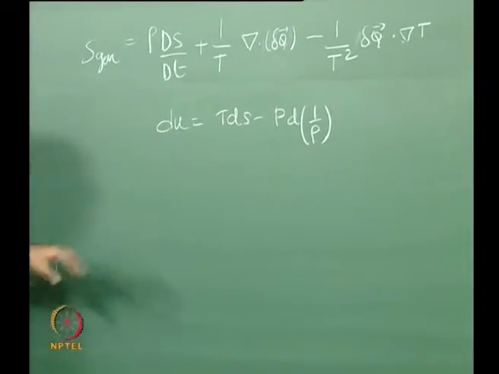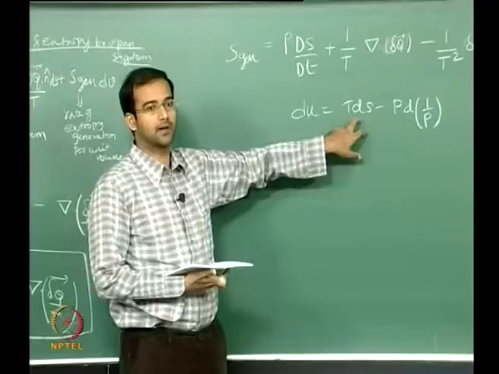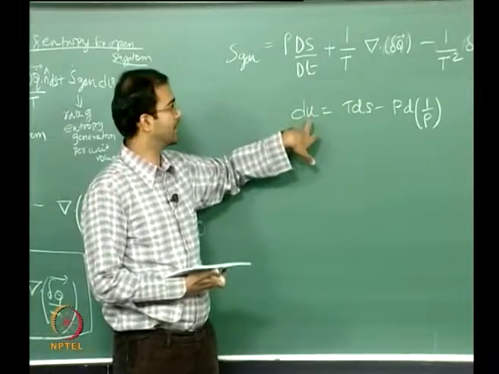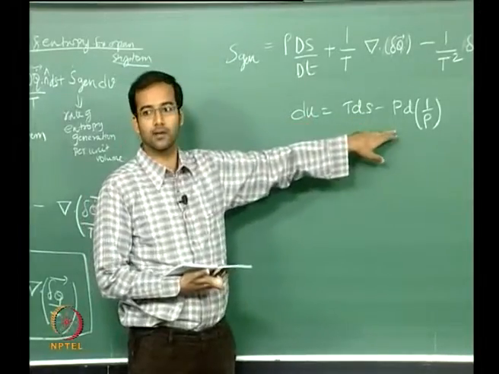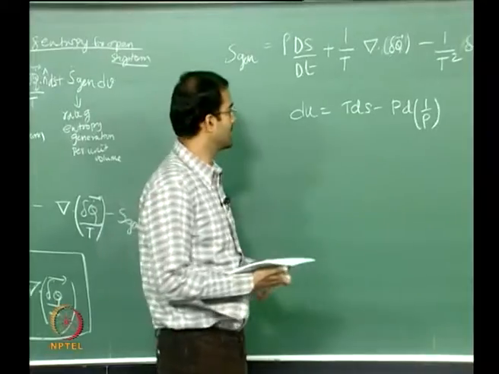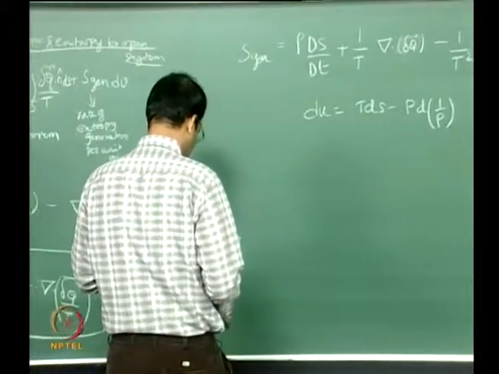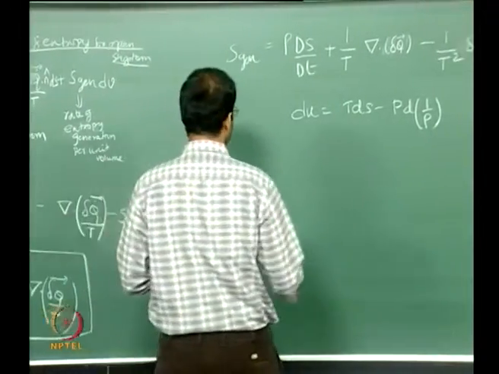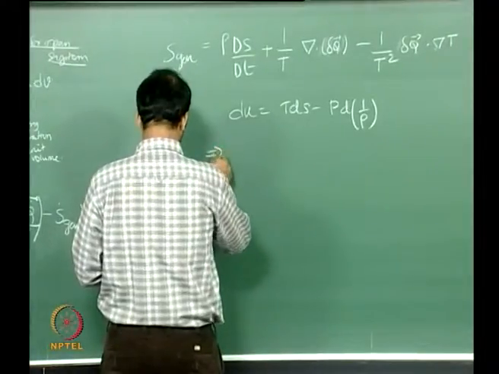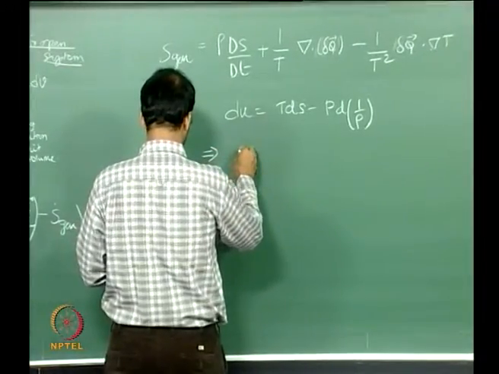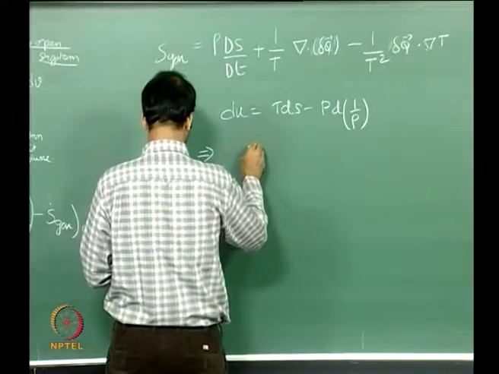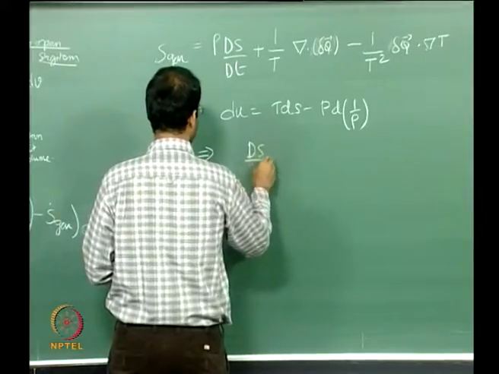This is coming straight from your first law, where you substitute Tds for delta q and you have Pdv work, okay. So this I can write in terms of the rate equation, and you can tell me how this should look if I want to write ds by dt.